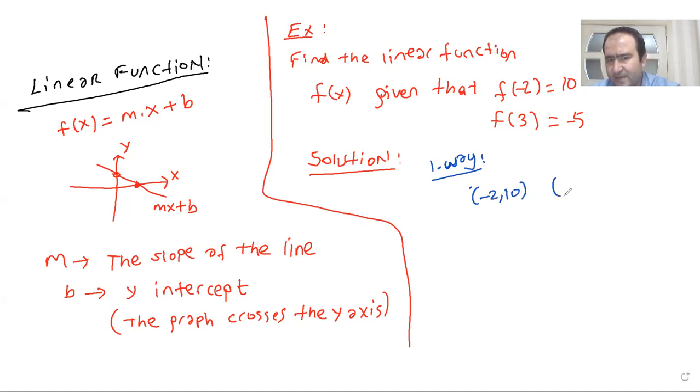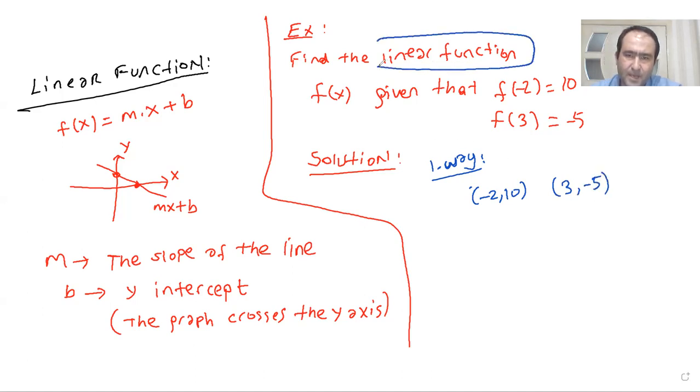From analytic geometry we can think that a linear function has 2 points on the line, (-2, 10) and (3, -5), okay?